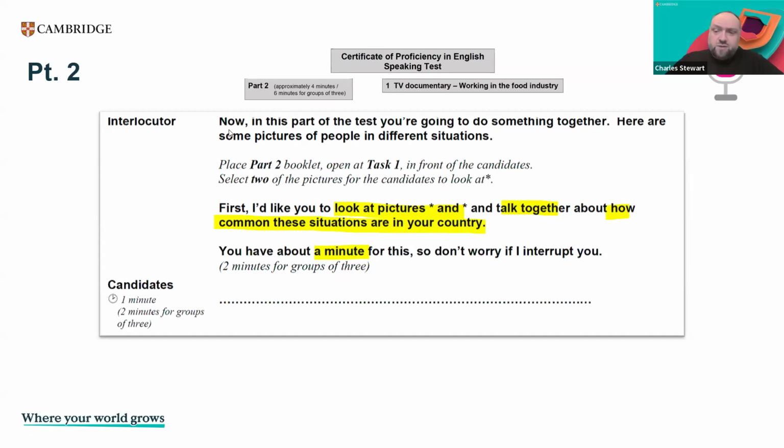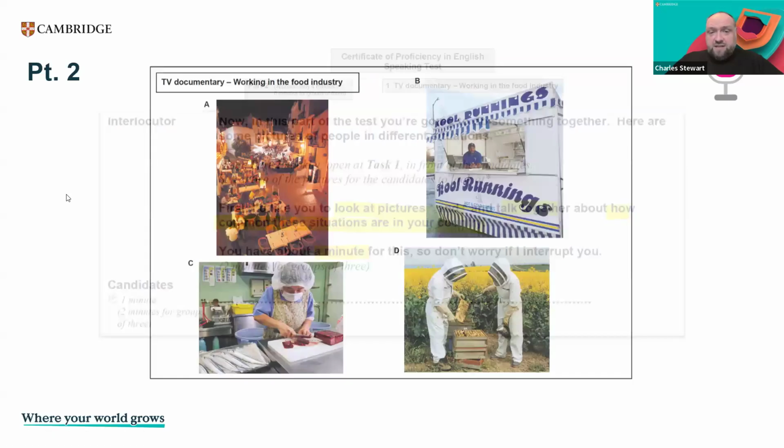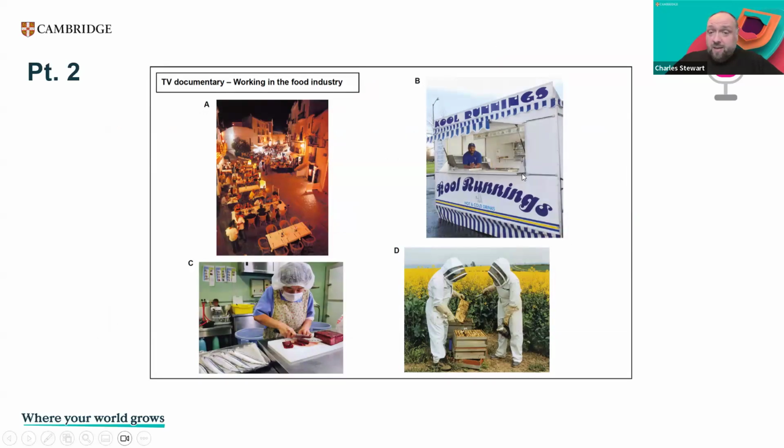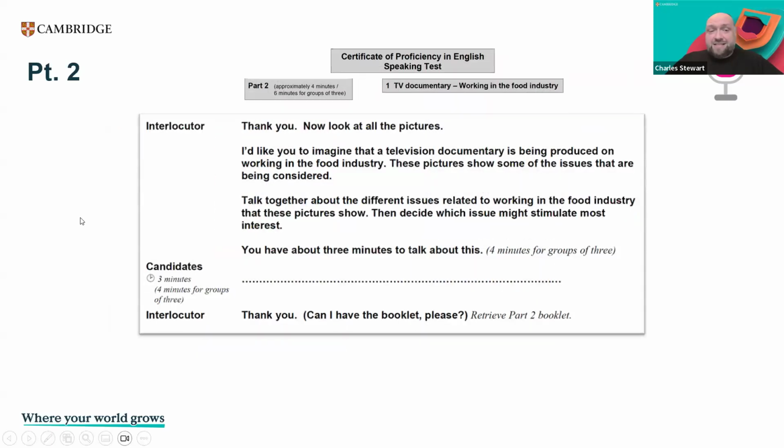You have about a minute for this, so don't worry if I interrupt you. And then you are expected to speak for 1 minute with your partner, maintaining a dialogue about the pictures that you see. And then in the second part of this portion, after a minute of discussing the pictures, the examiner will say thank you. Anytime the examiner says thank you, it's your cue to stop talking. The time is up and it's time to move on to the next portion of the exam.